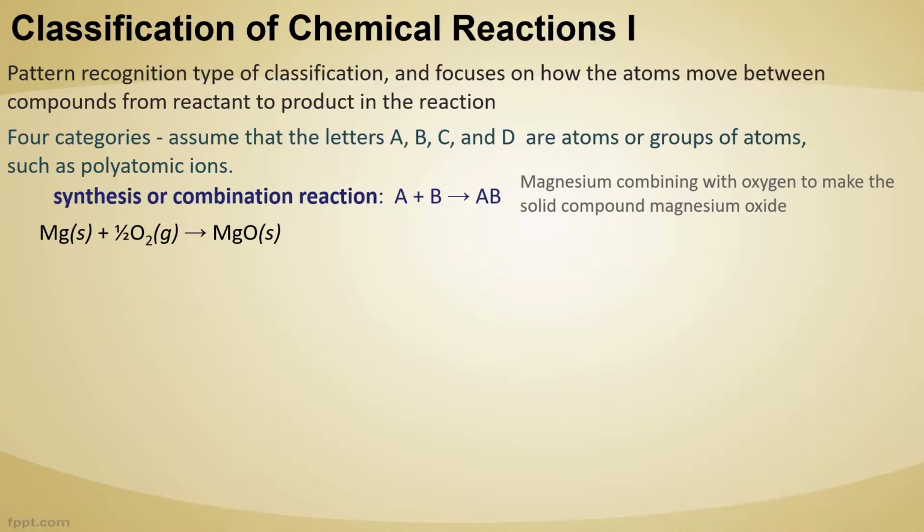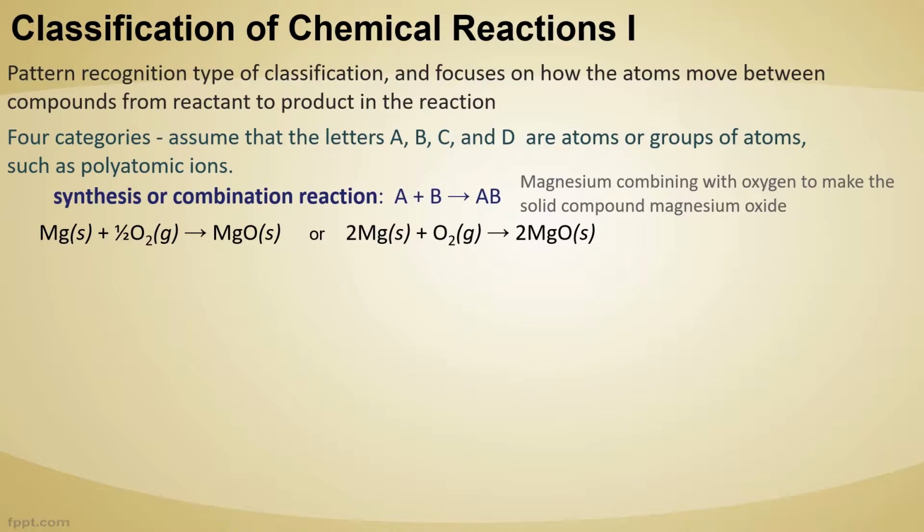Now we can see that it looks like our generic form where a magnesium atom and oxygen atom combine to make a new compound. Of course, if we multiply this reaction by 2, we get the balanced equation that is shown. But now it's a bit harder to figure out what is going on.